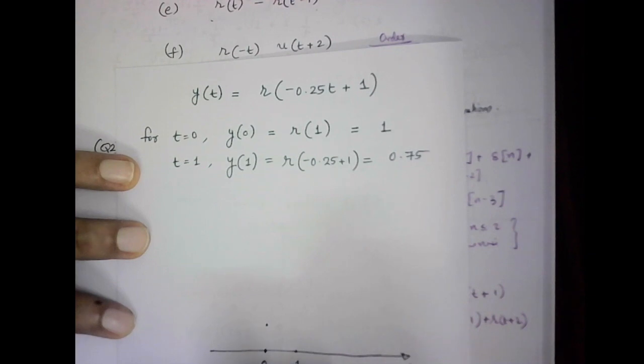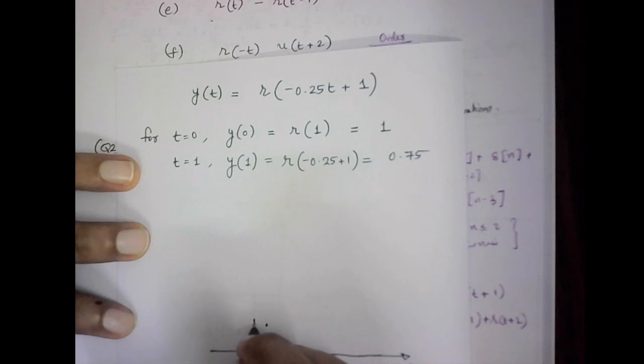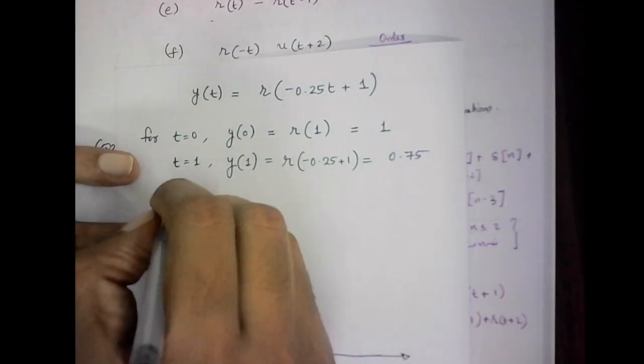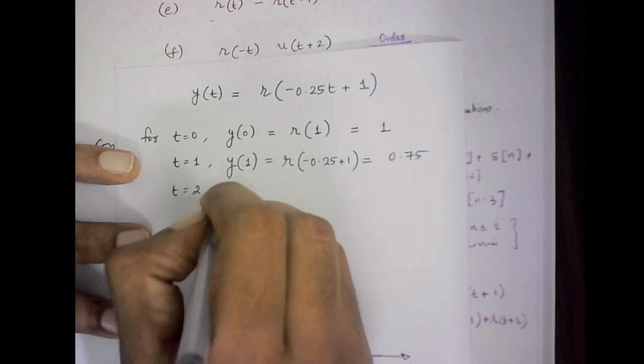So for t is equal to 1, it is 0.75. So suppose this is 1, you need to take r of 1 is 0.75. Let me try t is equal to 2.